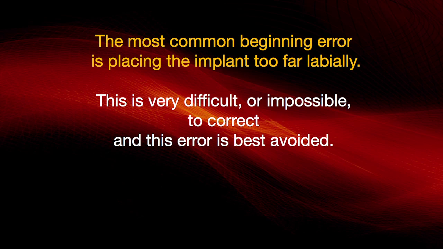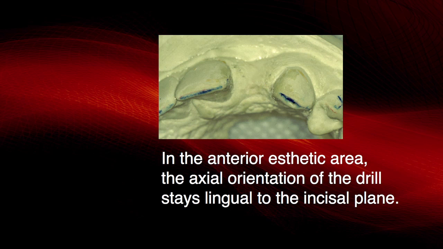So here's an illustration on a model where we're making a buccal lingual imaginary line and then a mesial distal line, creating a target in the center. And we can go 1 to 2 millimeters parallel to the center portion of the target and make our penetration, if you're making a surgical guide.